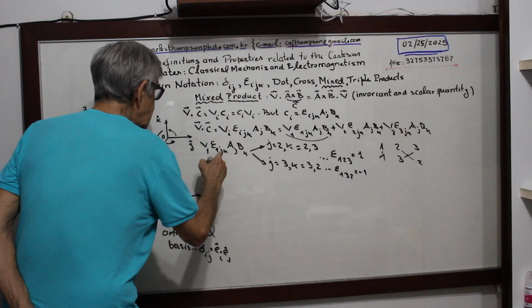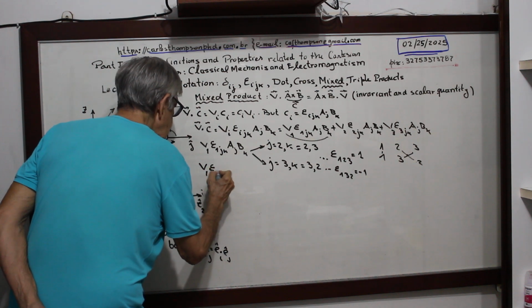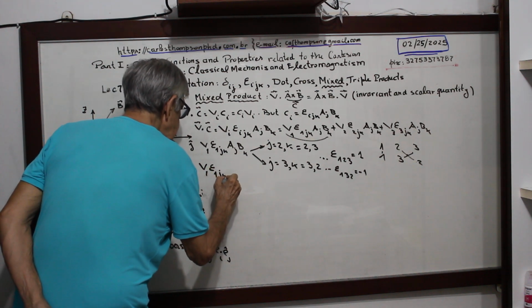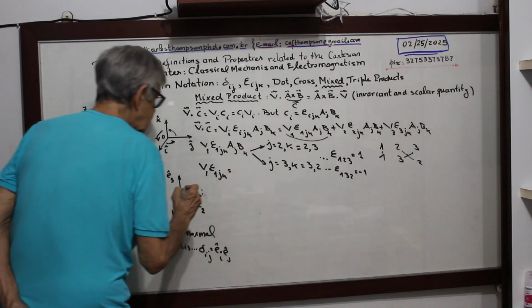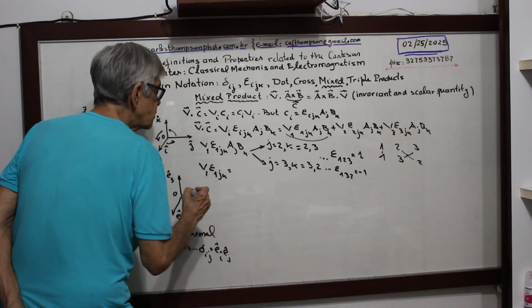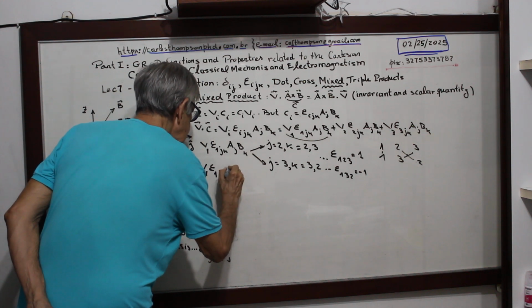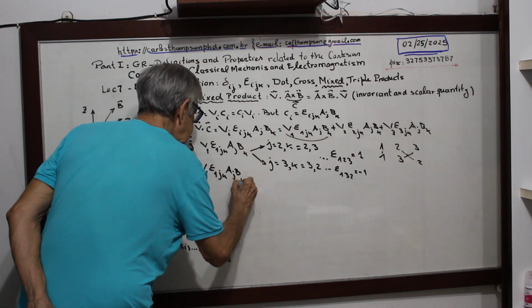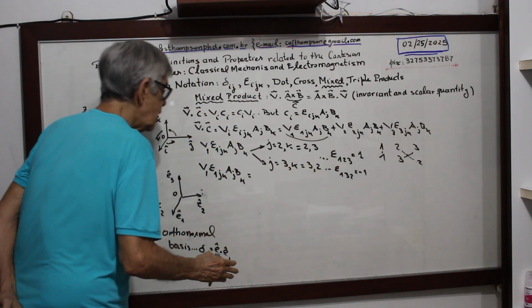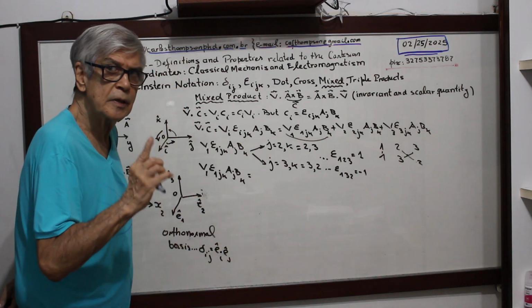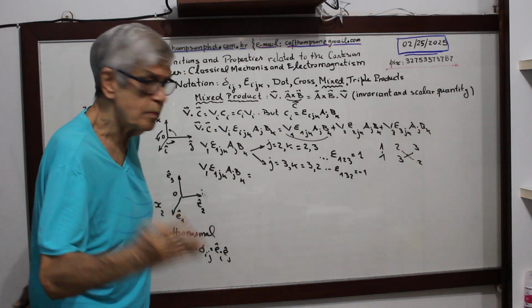So this term over here, v1 epsilon_1jk a_j b_k, I can split as follows. There are two possibilities, this or this, and I will sum.